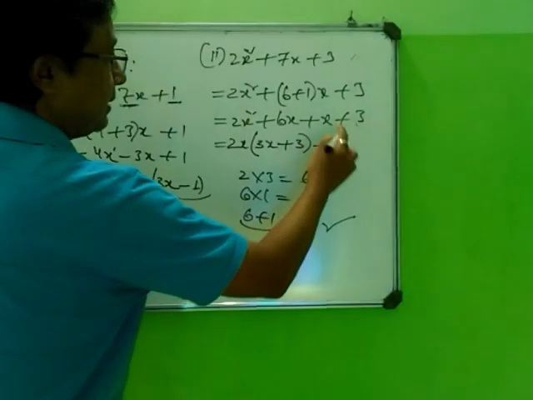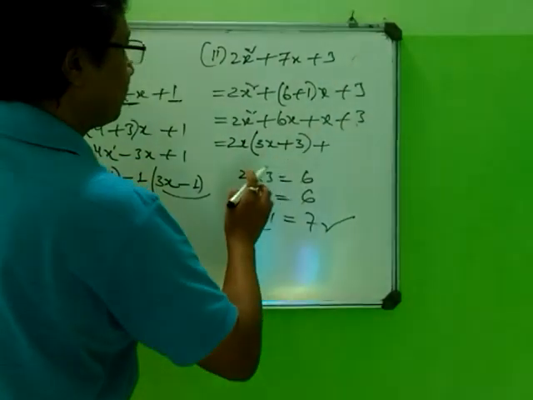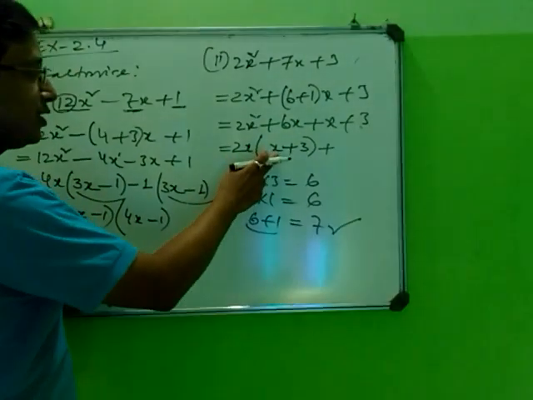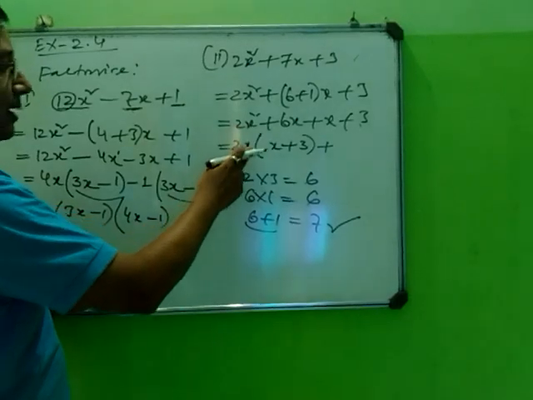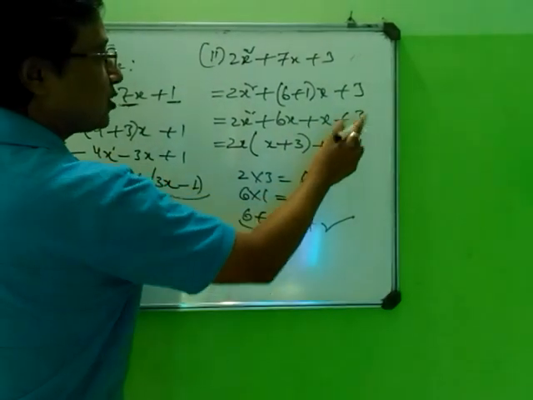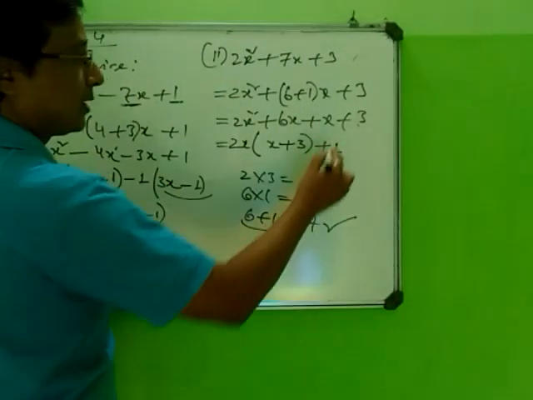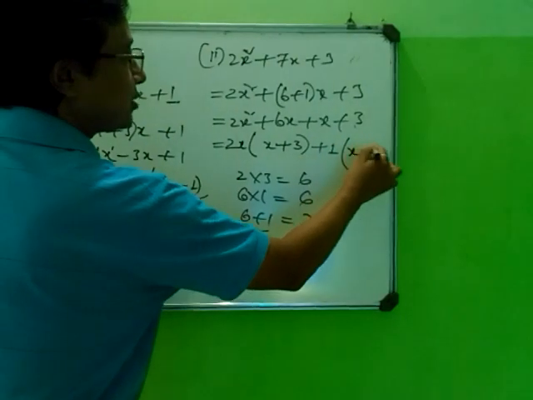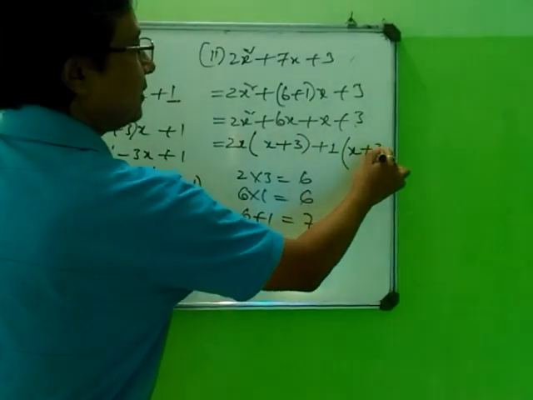Then plus. So 2x into x gives 2x squared, plus 2 into 3x gives 6x. Between these two terms there is no common factor, so you will take 1. So now 1 into x will be x, plus into plus will be plus, 1 into 3 will be 3.